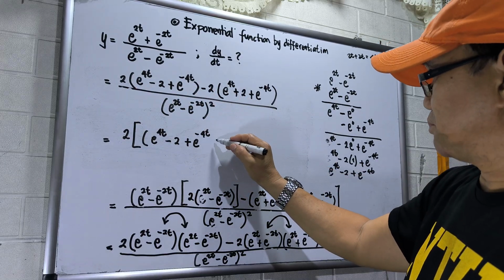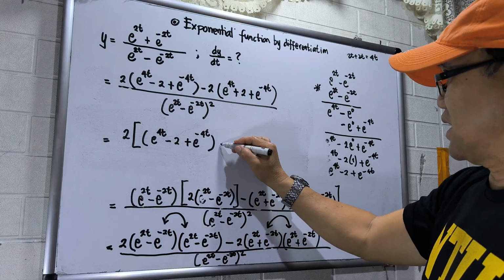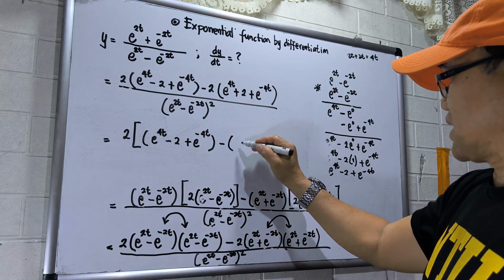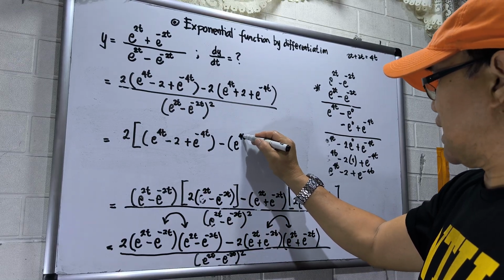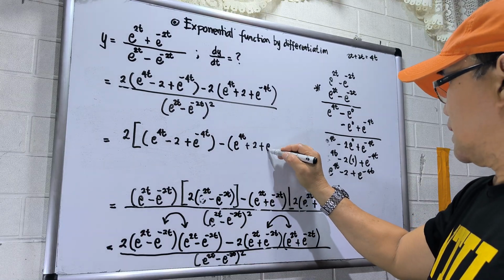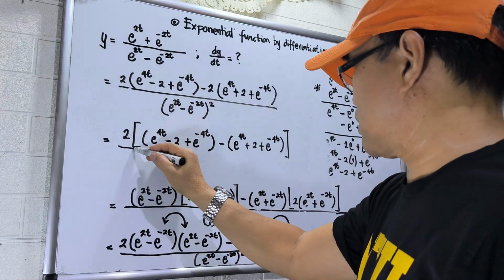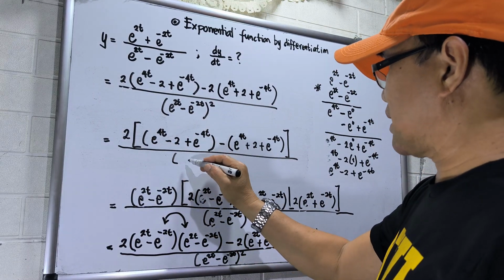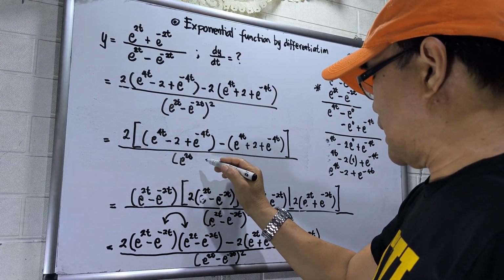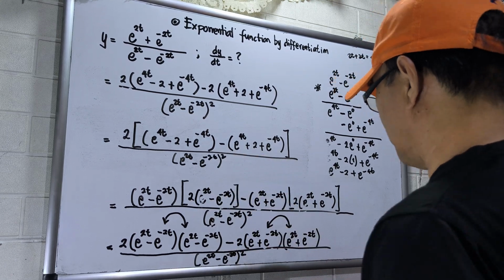So this will be, I'll just use circle brackets first. And then this will be minus circle brackets e to the 4t, then plus 2, then plus e to the negative 4t, close bracket, and then this will be over circle brackets e to the 2t minus e to the negative 2t squared.